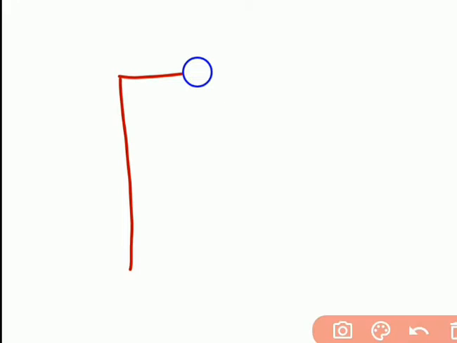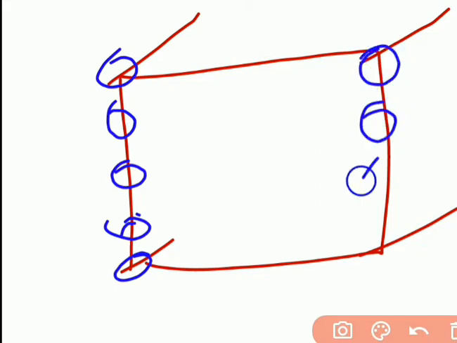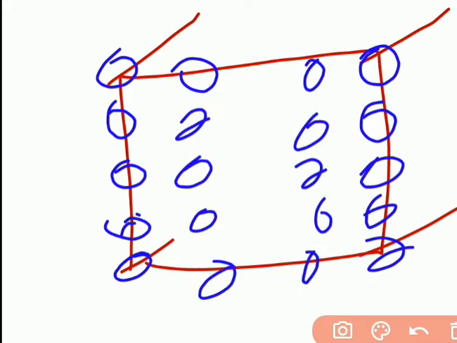So, let's see in the diagram of a crystal. Here we have our crystal structure and there are atoms placed here. So this is a perfect structure of a crystal.